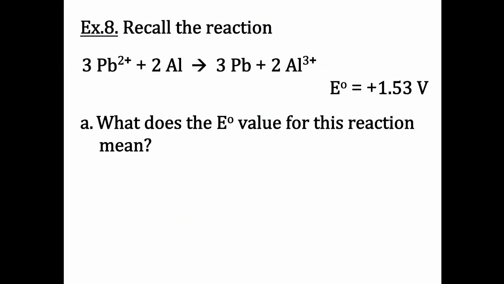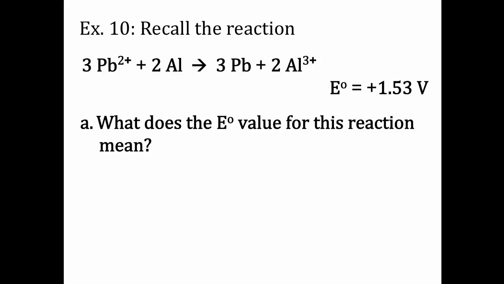So here's an example involving a calculation of this sort. This is a reaction we saw in class. Lead ion reacts with aluminum to make lead and the aluminum ion, and the standard potential E0 for this is 1.53 volts. So first of all, just a review question. What does E0 being plus 1.53 volts mean?